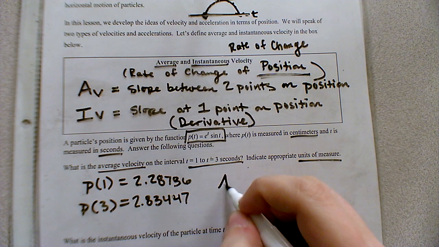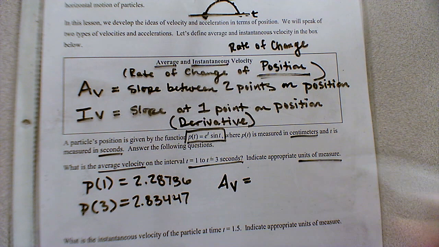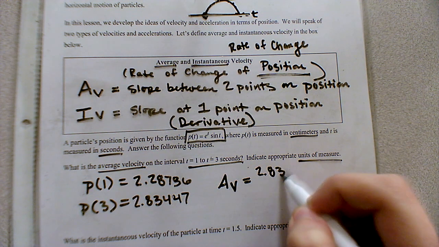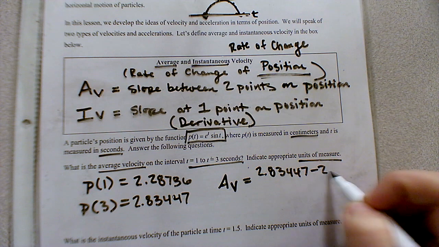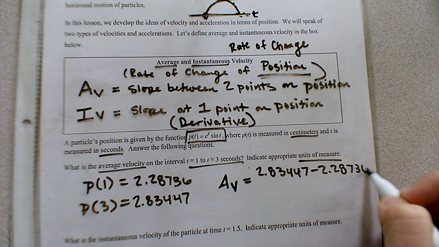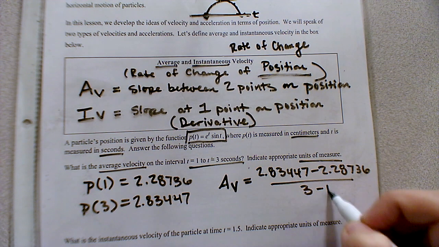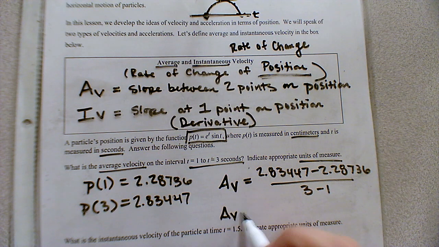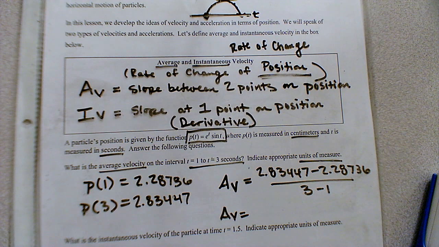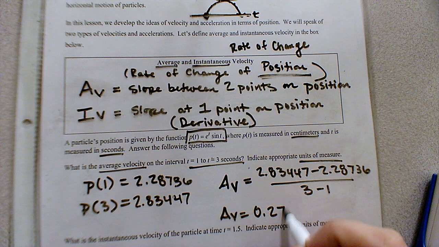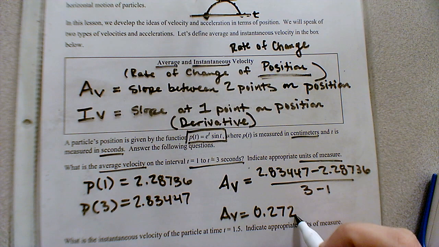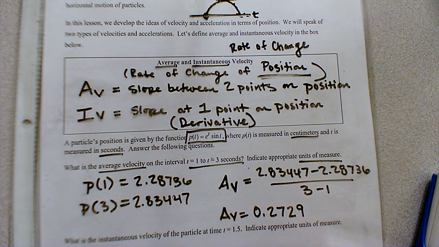So we'll say average velocity is equal to the change in the y's over the change in the x's. All right, so quick calculation here. And I got 0.2729 if we round it.